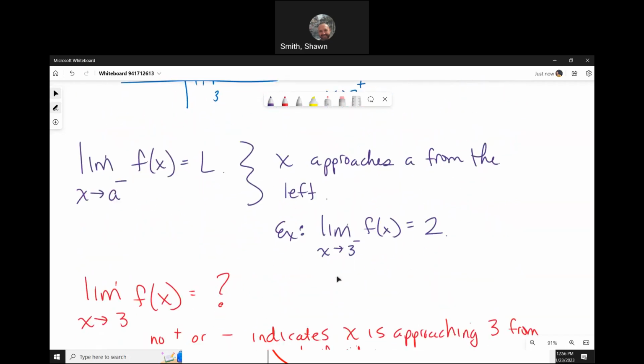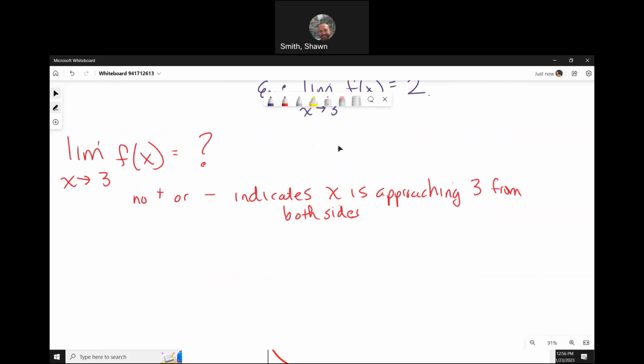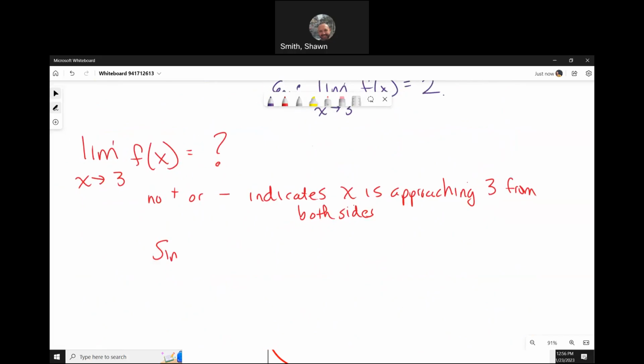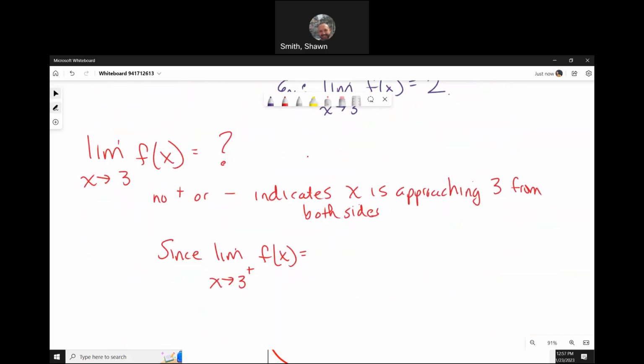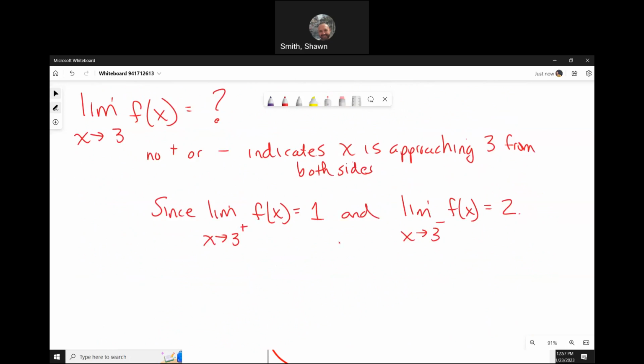Since those are two different values, the limit as x approaches just 3 does not exist.